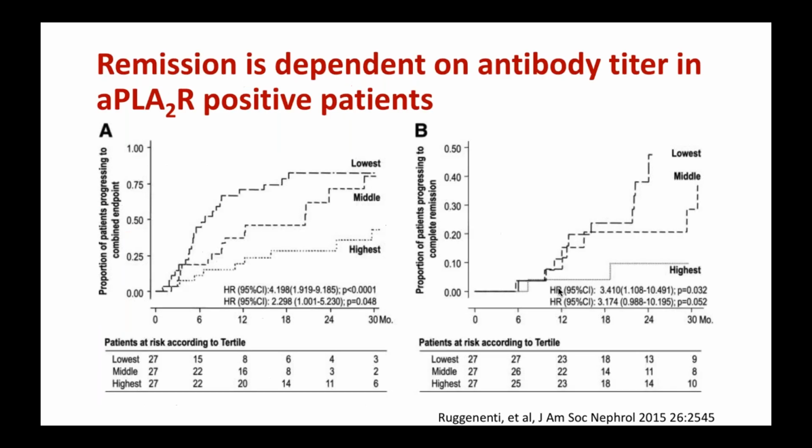And this is something which was shown in this paper from Italy, in which patients who were phospholipase A2 receptor antibody positive were treated with Rituximab. What they did is that they divided patients into 3 tertiles based on the phospholipase A2 receptor antibody level, and patients who had the highest level of antibody actually were much less likely to progress to the combined endpoint, which was that of response to treatment.